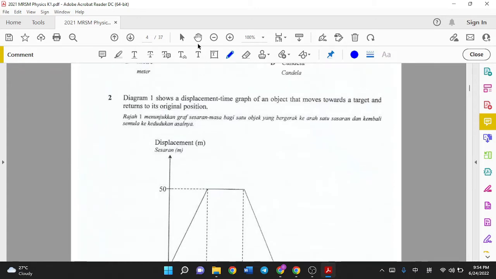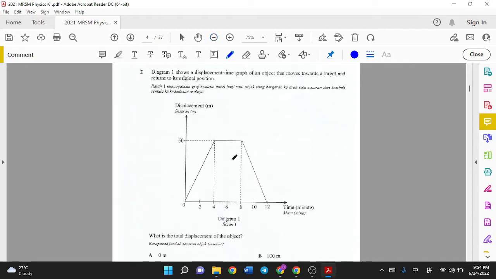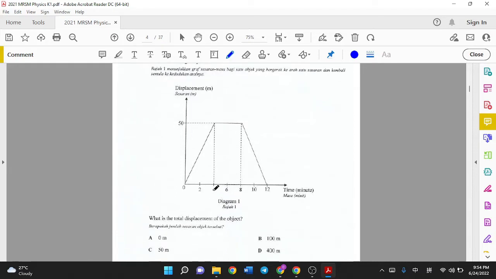Next, diagram 1 shows a displacement time graph of an object that moves towards a target and returns to its original position. Okay, so what is the total displacement of the object?